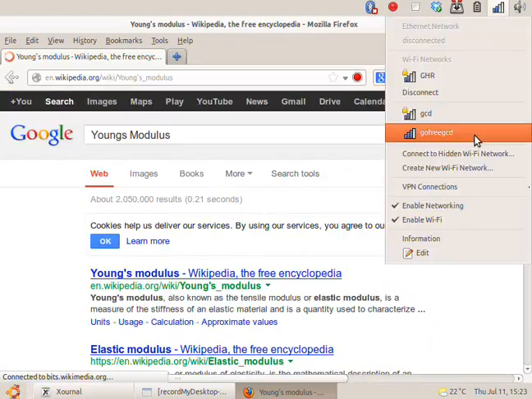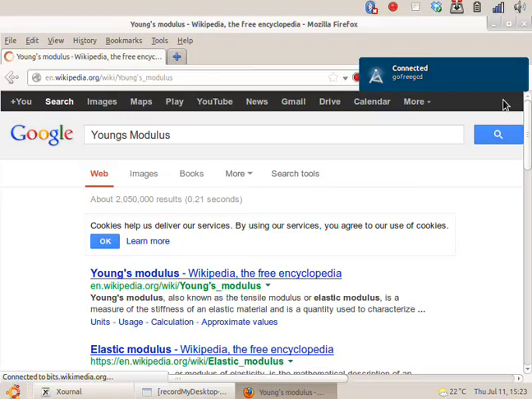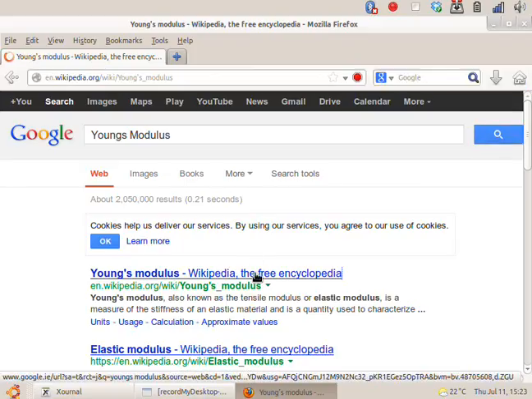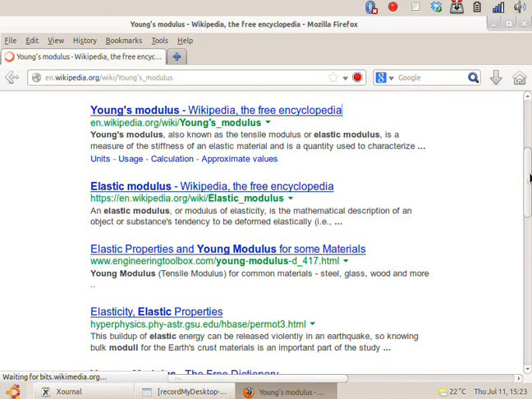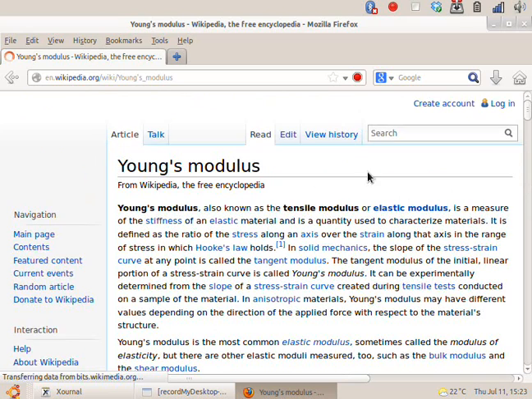Oh, that's the problem. I'm connected to the accommodation building. Maybe I can, here we go.